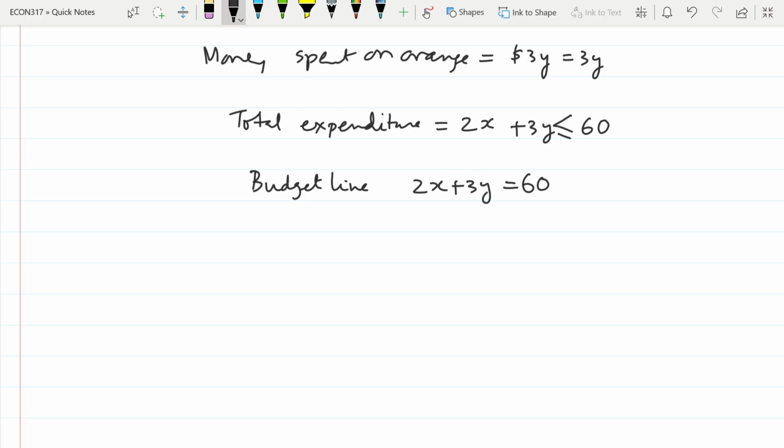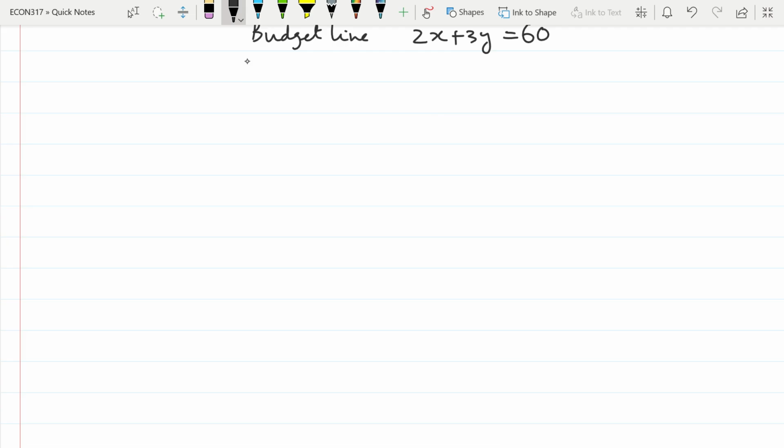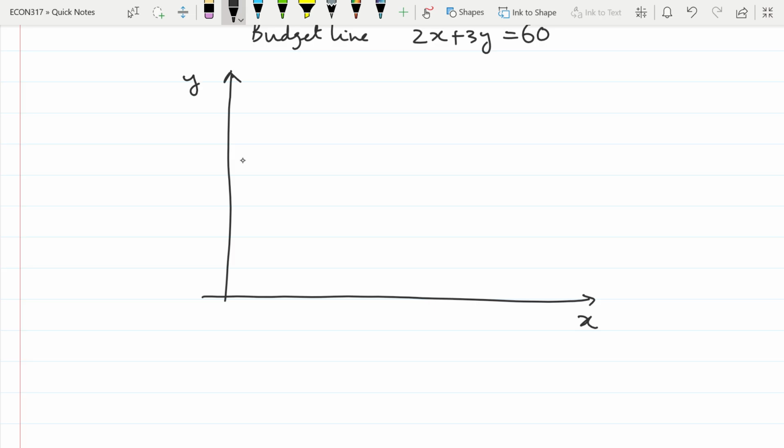And this is what I want to draw as my budget set. So we will have horizontal axis describing good X, that's apples, vertical axis good Y, that is orange, and these are in pounds. We must label the graph every time we draw.